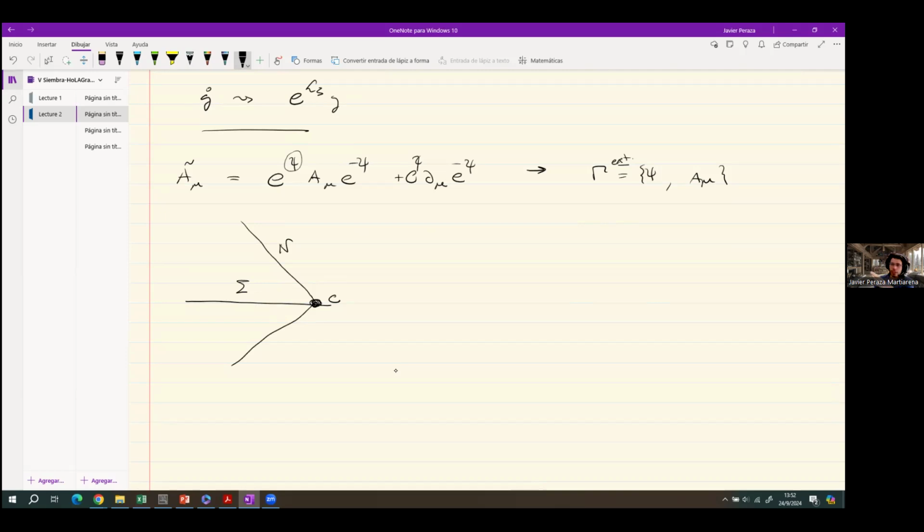This is a finite null hypersurface in the bulk, and C is the corner. Which are the symmetries that preserve C? In the sense that, from all the diffeomorphisms, which are the ones that preserve C? What you obtain is what is known as the universal corner algebra.